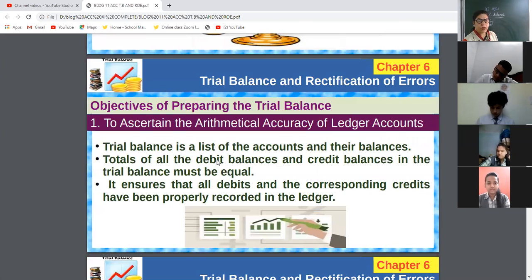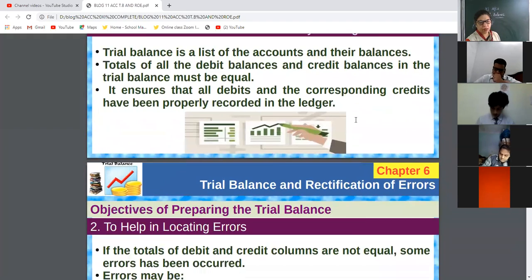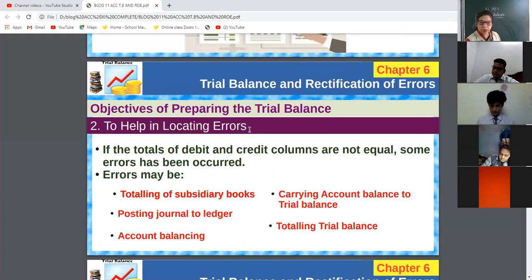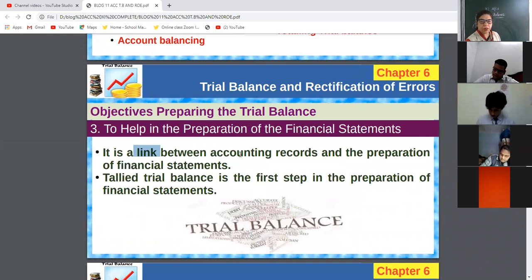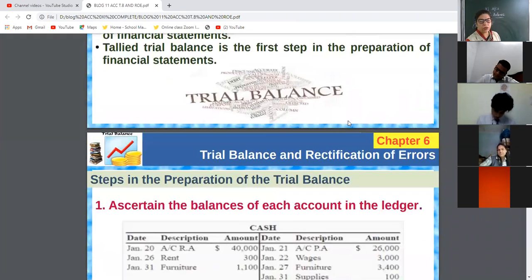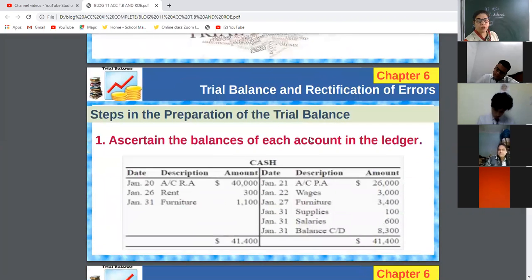So just now I told you the importance of preparing the trial balance. First is to ascertain the arithmetical accuracy, to help in locating the errors, to help in the preparation of the financial statements. Now the next topic, how to prepare.